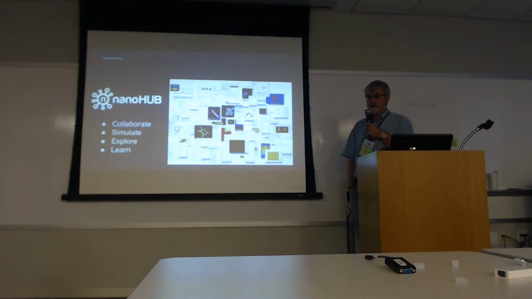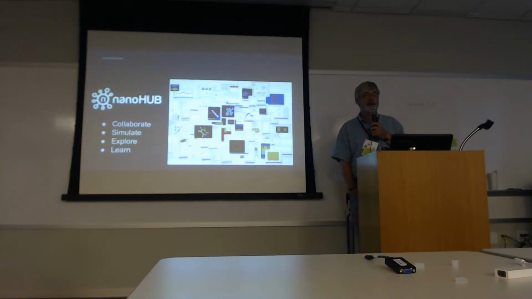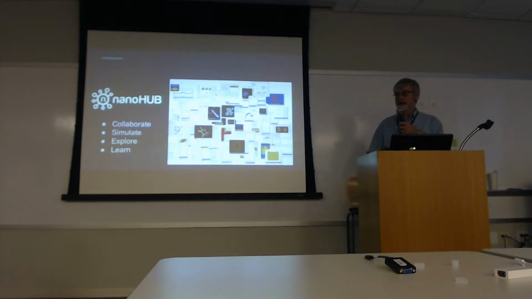We do simulation, which is something big that differentiates us from a standard website. People go there to explore both the science and so on, and hopefully to learn. So there's a big educational component. This is used in college level classes. There has been work done at the undergraduate level or high school level as well.